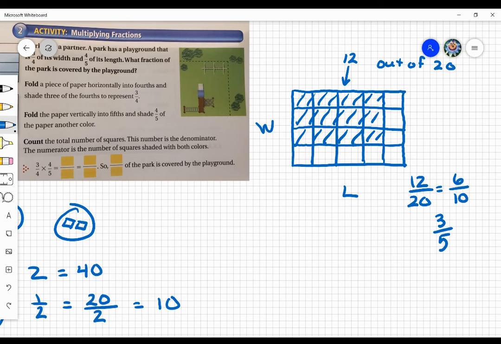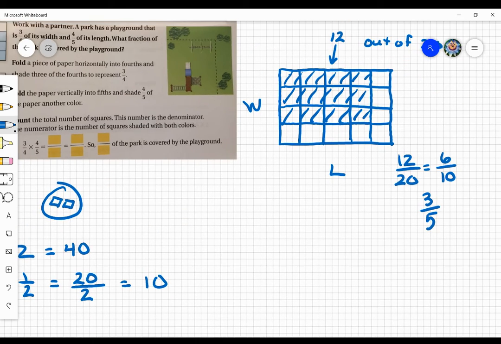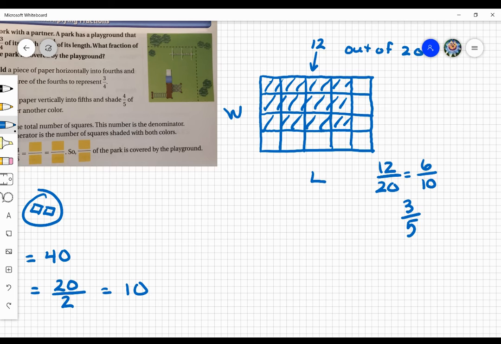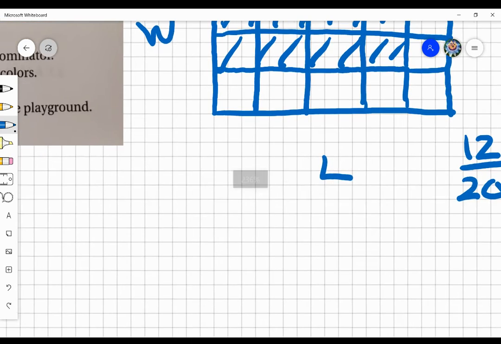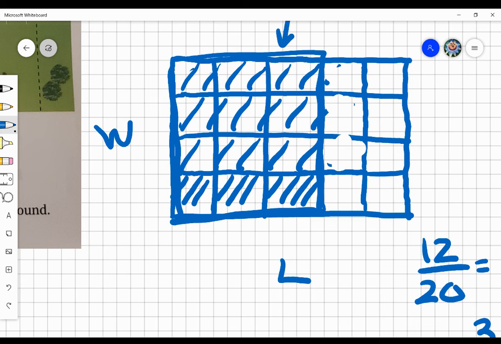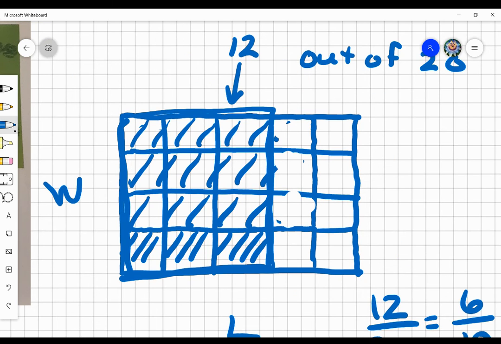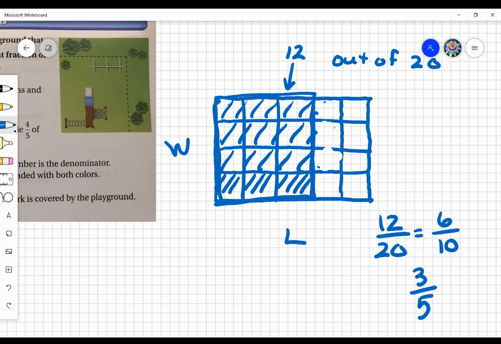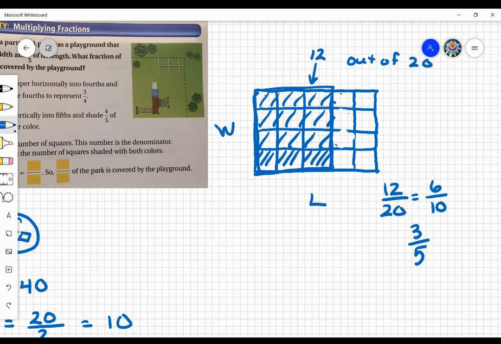Just to try to make this clearer, because it's hard to see 3/5 the way that it's drawn now, if I erased these and moved them to the bottom, so I erase 3 and I add 3, it is 3/5. This part is 3/5 of the park. It's not the right dimensions, but I just moved the pieces so we can see that it is, in fact, 3/5 of the park.